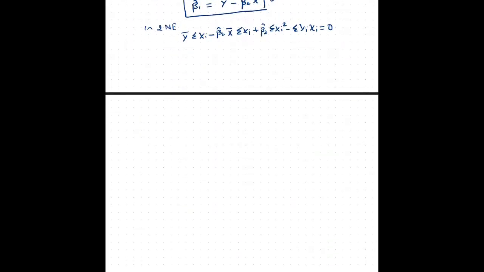Solving this, we have summation of y bar minus beta 2 hat x bar plus beta 2 hat xi minus yi, into xi, equals 0, where we have taken xi common and the summation common.